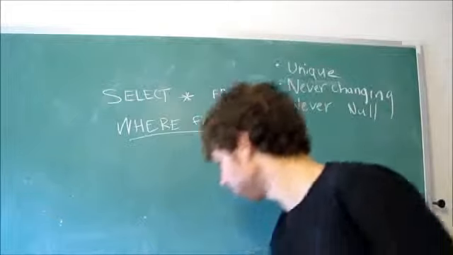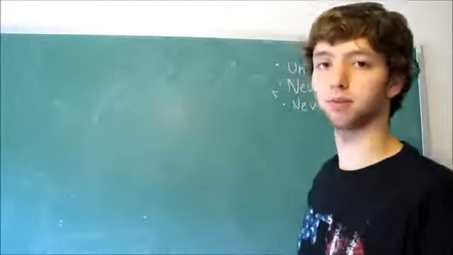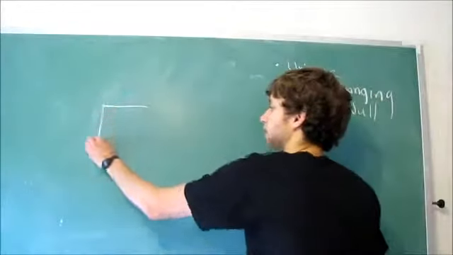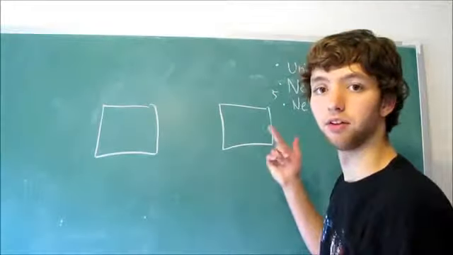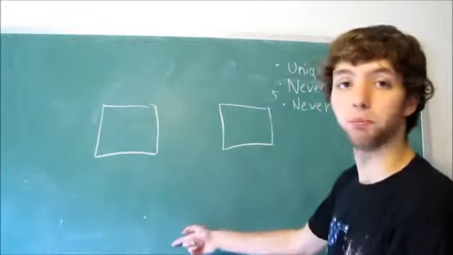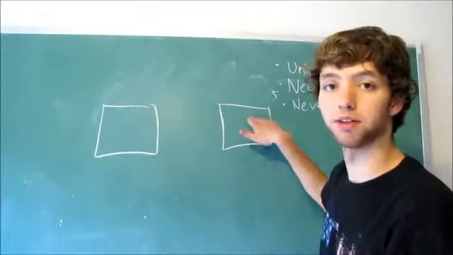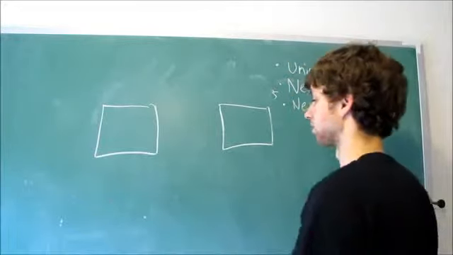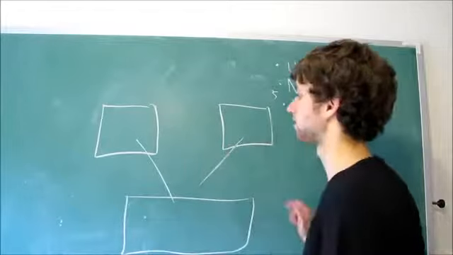Another thing we commonly do are joins, which is basically combining two tables. I'm not going to go into all the syntax for that. Basically, if we have a table over here, users, and a table over here, comments, and we want to generate a new view where we have all of the comments from a user and all of the information about that user, we can join these tables.